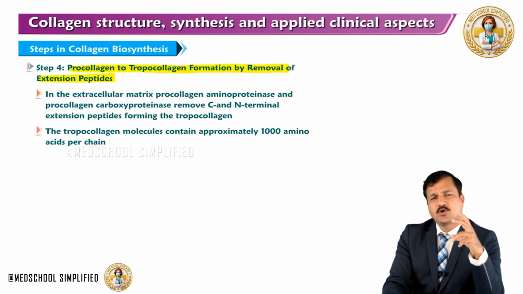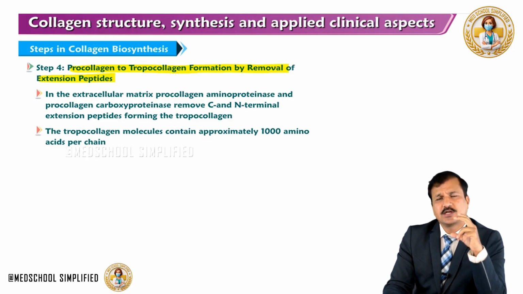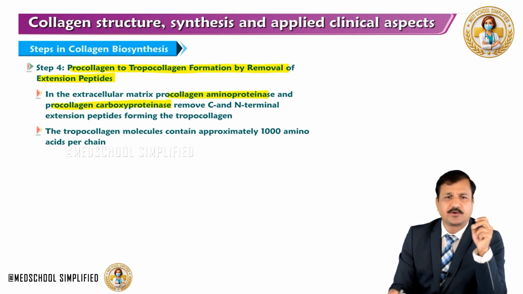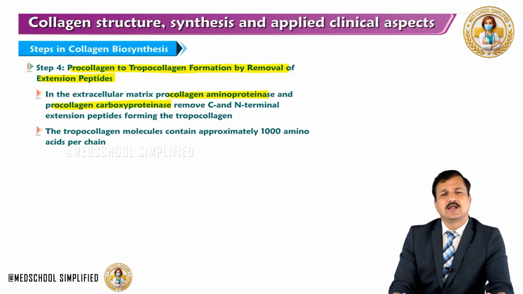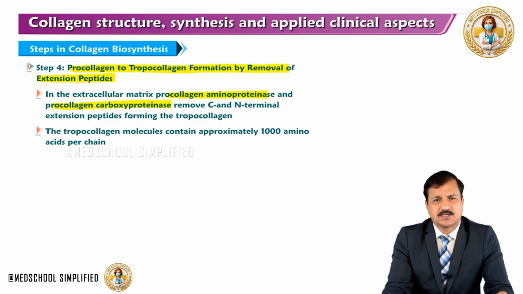As this procollagen molecule enters the extracellular matrix, there are enzymes called procollagen aminoproteinases and procollagen carboxyproteinases, as the name says. They are going to remove the C-terminus propeptide extension and N-terminus propeptide extension and convert procollagen into tropocollagen.